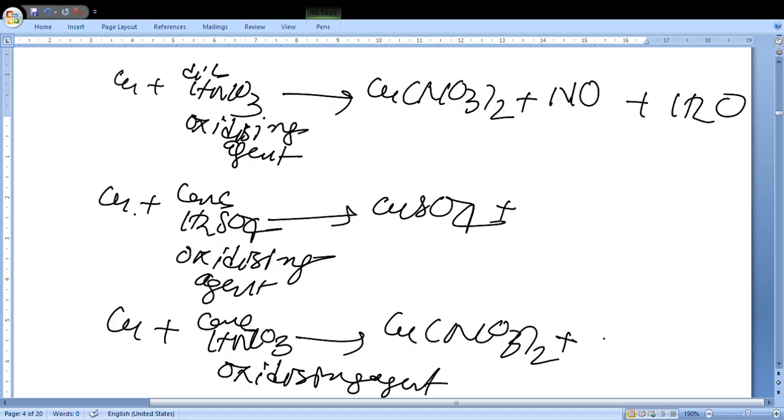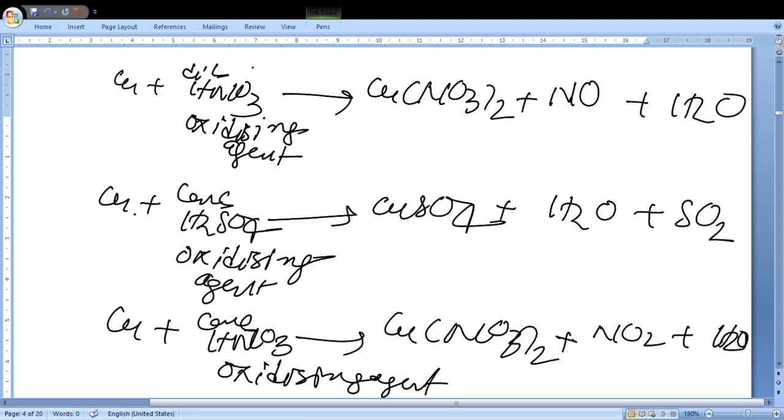Concentrated will give rise to NO2 and water. Concentrated H2SO4 will react with copper to form CuSO4 plus H2O plus SO2. So we will balance it. In case of dilute, 3, 8, 3, 2, 4, and here it will be 2 H2SO4 and 2 H2O. But in case of concentrated HNO3, 1, 4, 1, 2, 2 will be the balancing.